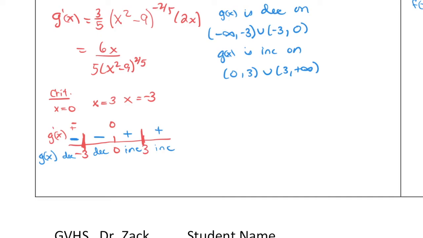Now, what about relative extrema? We don't have a relative extrema at negative 3, but the first derivative test, let's look, we're going from decreasing to increasing. We have a relative min at g of 0, and g of 0 is equal to negative 9 and 3/5. We have no relative max.